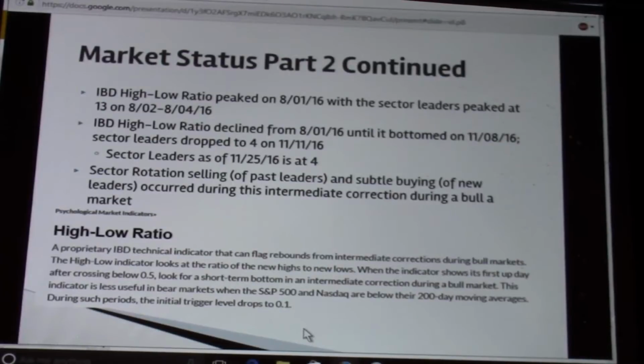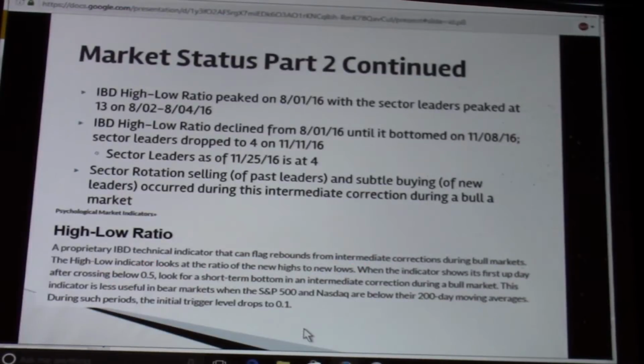Let me wait until everybody gets settled a little bit. So what you're looking at is this flag rebounds an intermediate correction during bull markets. So you were in a bull market because you had a follow-through day back in March. Okay?